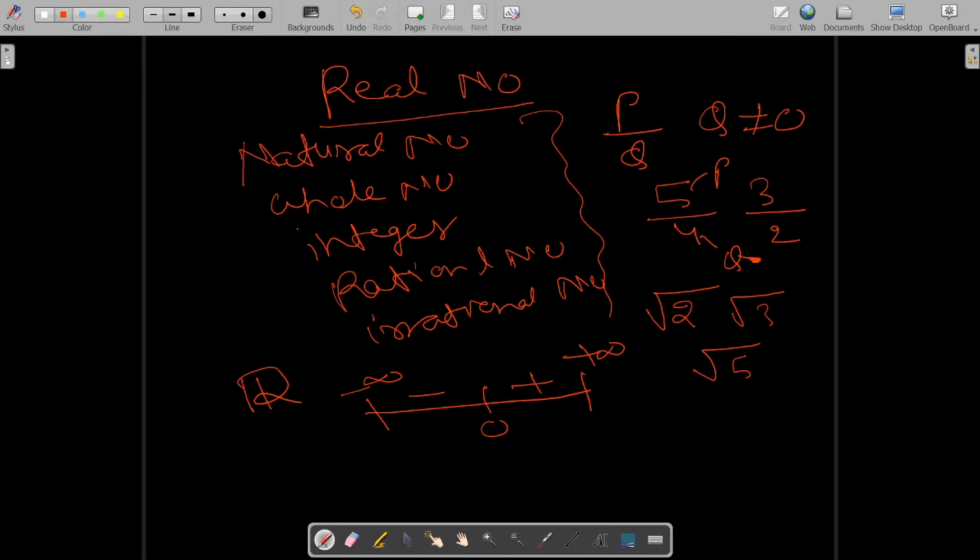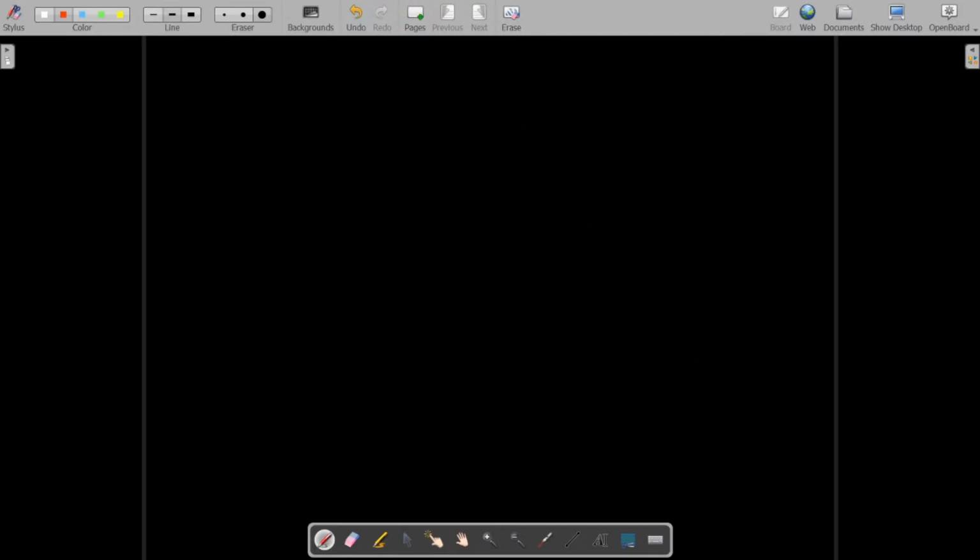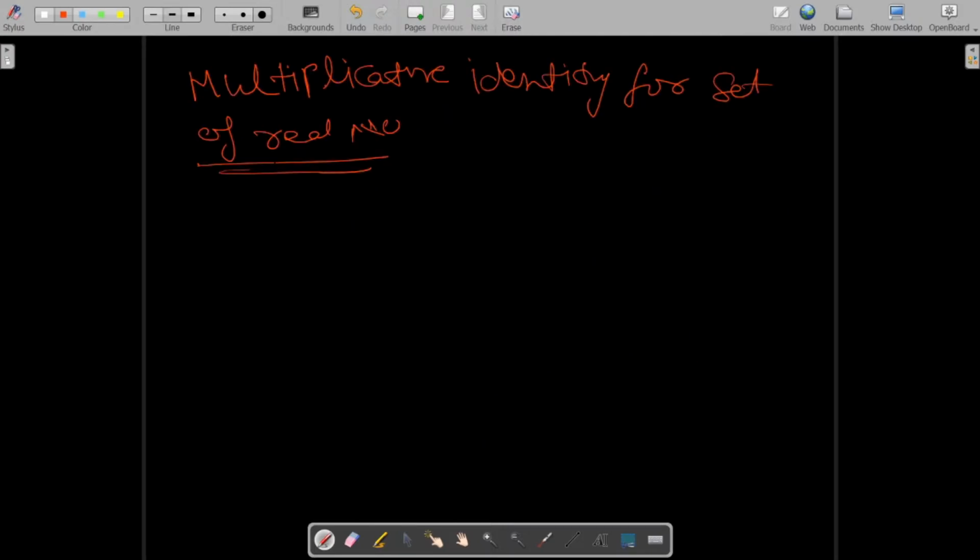So let's go and see what is the multiplicative identity for the set of real numbers. You take any real number x and multiply it with 1, then you get the same number x.